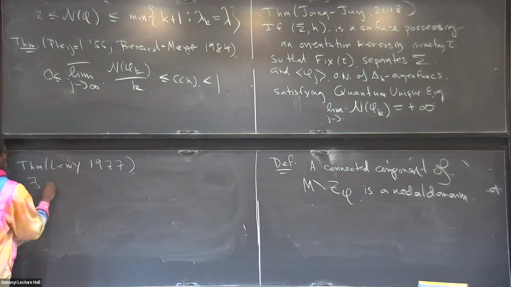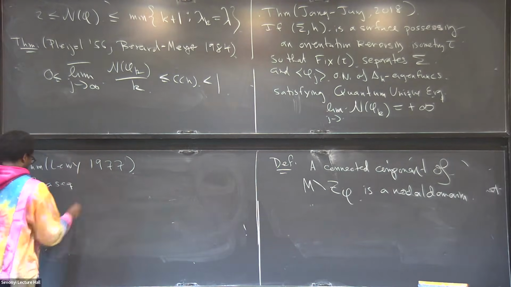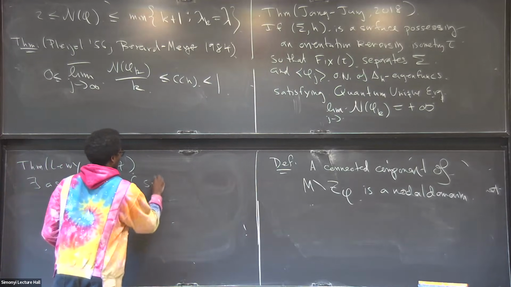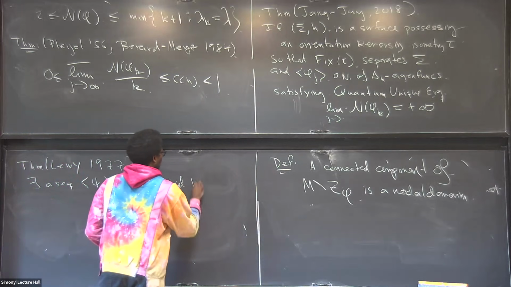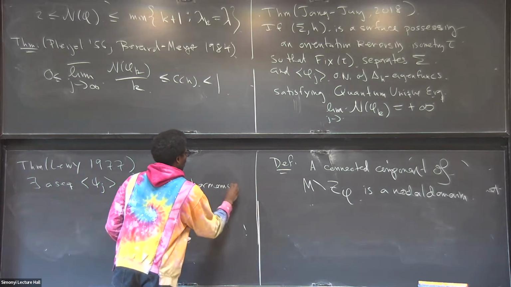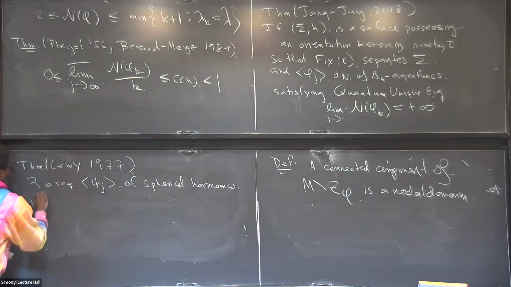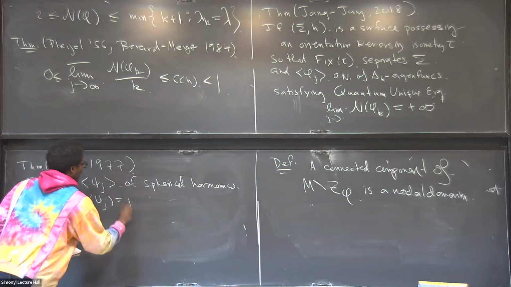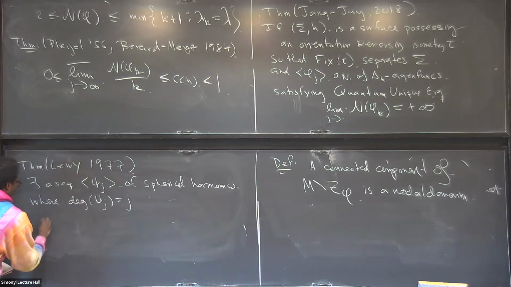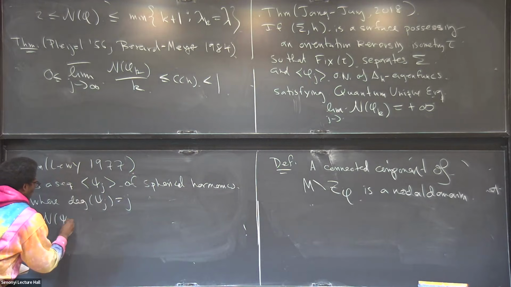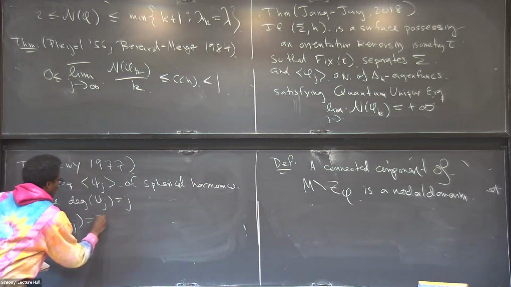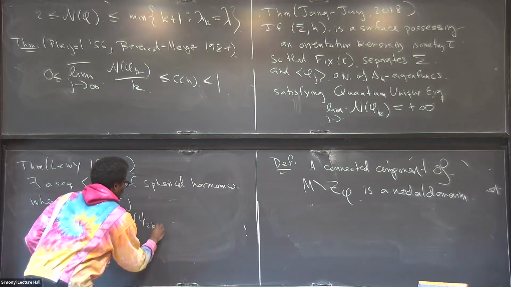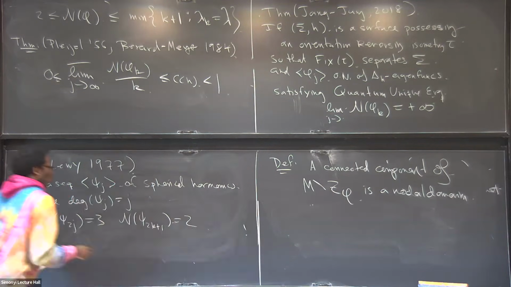There exists a sequence psi_j of spherical harmonics where the degree of psi_j is j, and the nodal count for the even degree ones is 3, and the nodal count for the odd degree ones is 2.